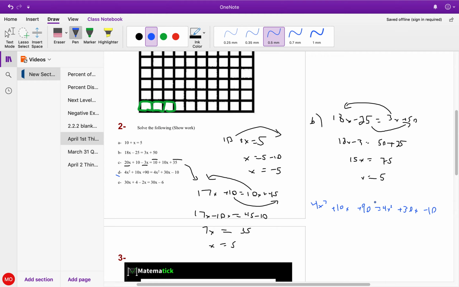I'm going to bring all my x's over to this side, and I'm going to bring this over here. So let's equal 90 plus 10 equals, I'm going to do my x squares first. 4x squared, which is this one, and this one's going to be minus 4x squared. And this is plus 30x minus 10x. This is going to equal 100.